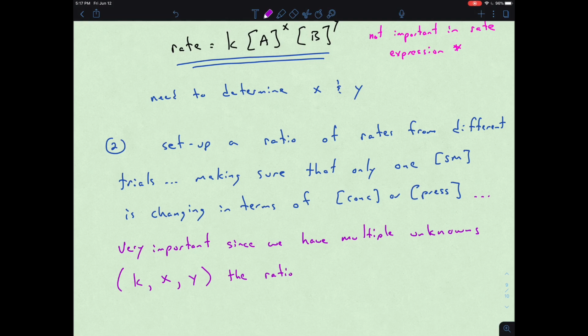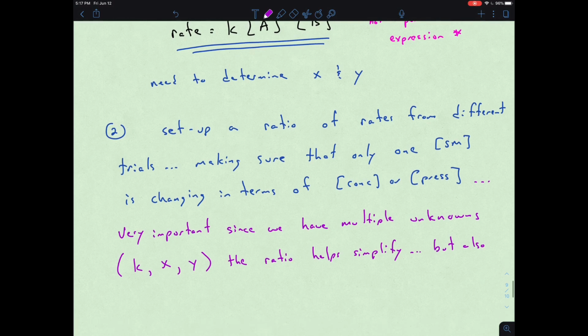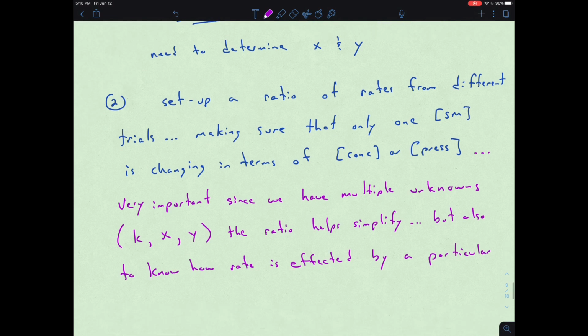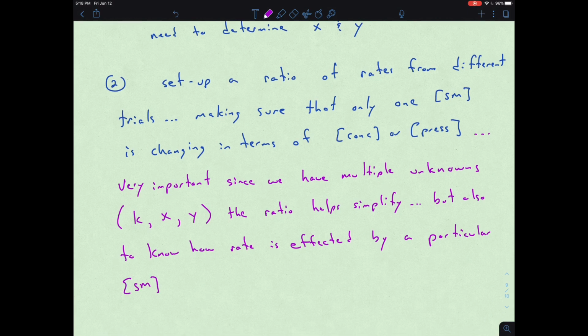The ratio helps simplify, but also, to know how rate is affected by a particular starting material, we have to make sure it is the only thing changing.